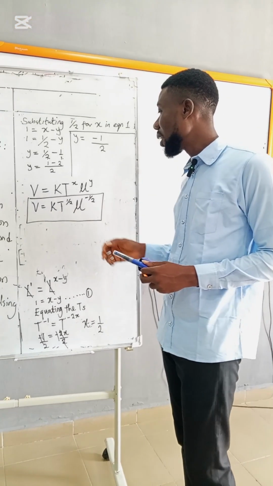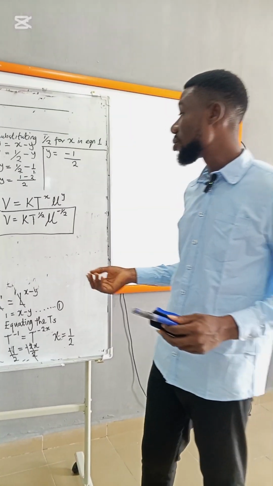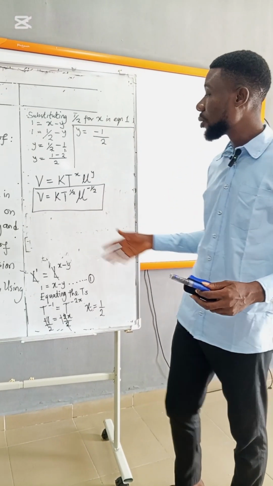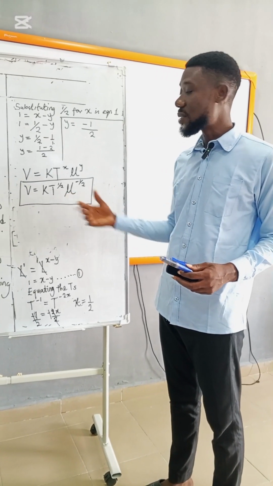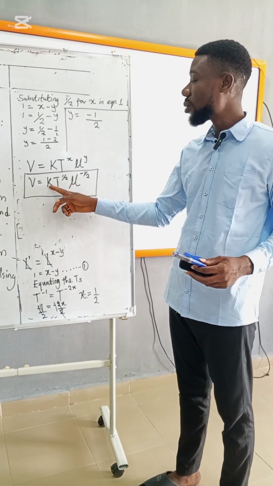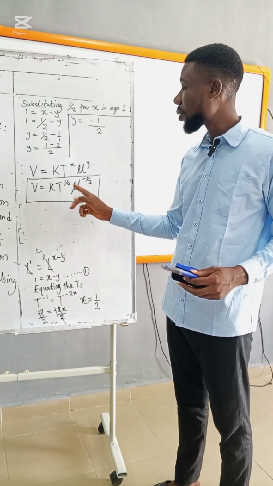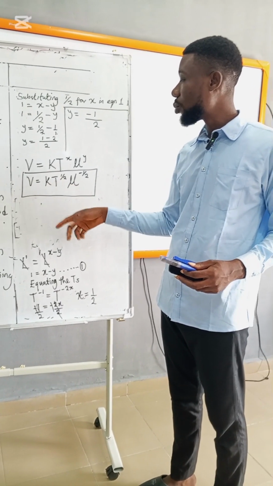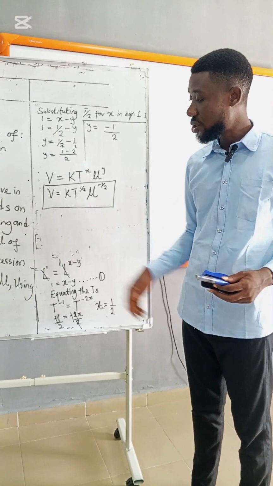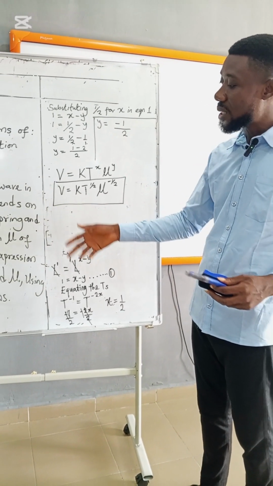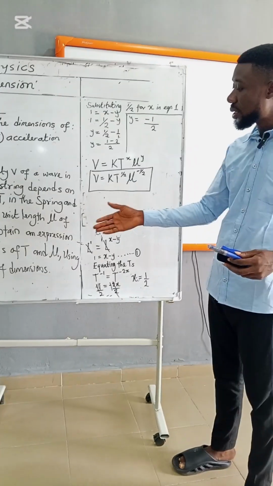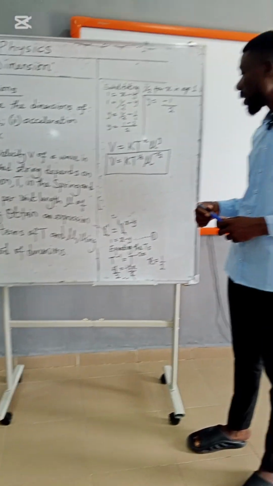Now this becomes our expression of v in terms of t and mu. Now if for instance they ask you to make k the subject of formula, what they are simply saying you should do is to remove this from here so that k will stand alone. So depending on the question, but for this question they said we should obtain an expression for v in terms of t and mu using the method of dimension.